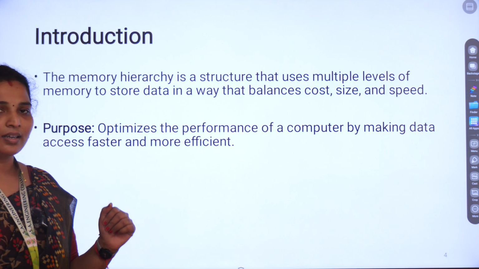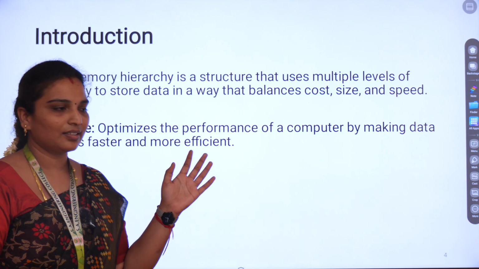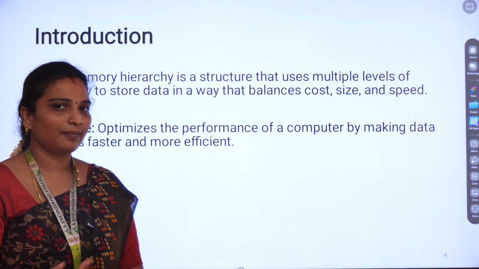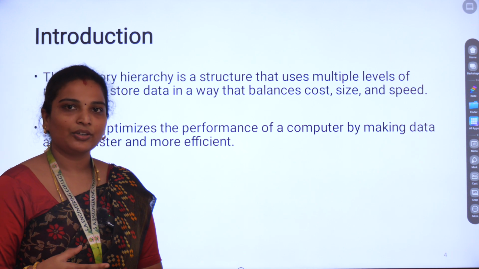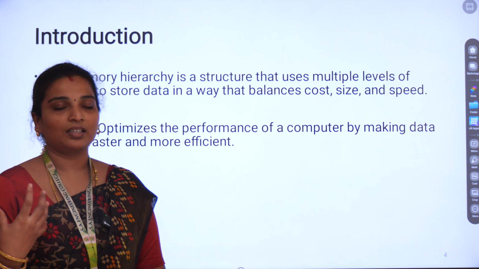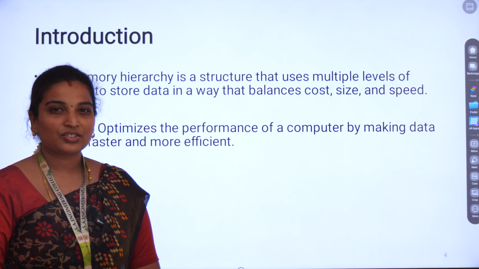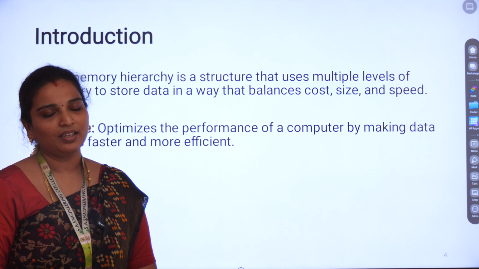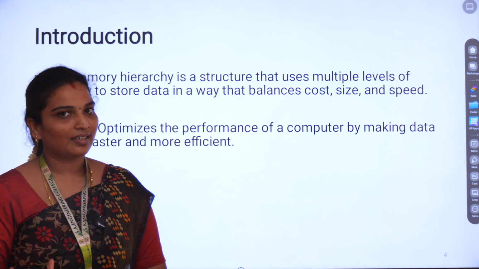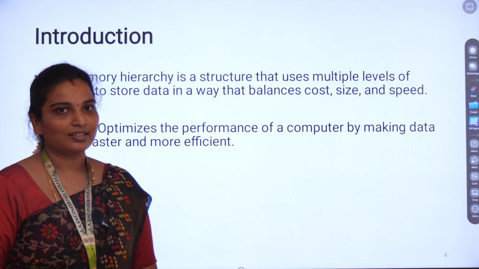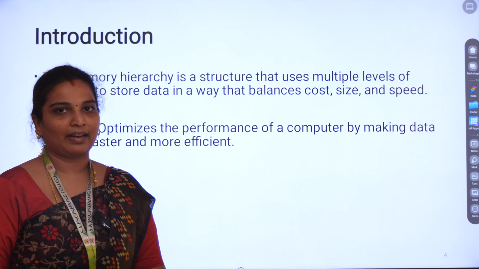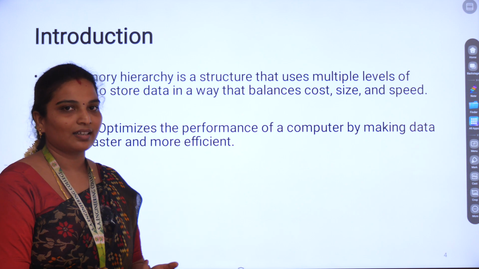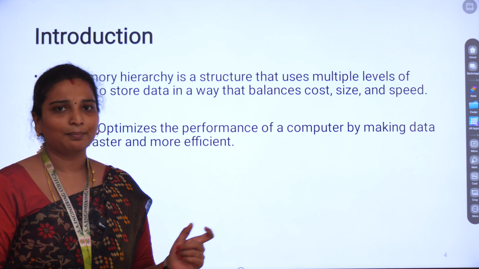Now let us see the purpose of memory hierarchy, that is, why we are using it in a computer architecture. Memory hierarchy is basically to make our system perform well and to extract and optimize performance from the computer while accessing data. Data access should happen in a faster and efficient manner, like a blink of an eye.